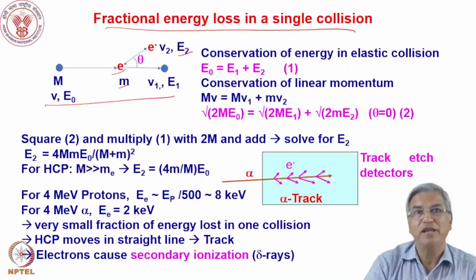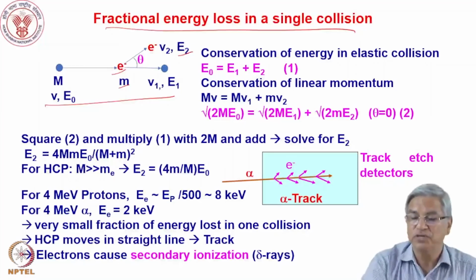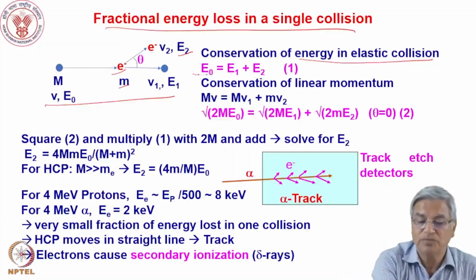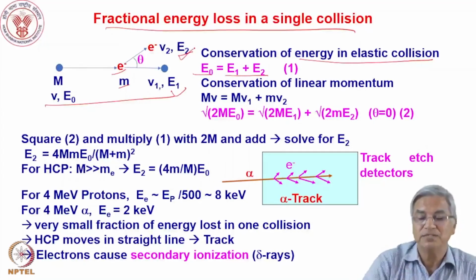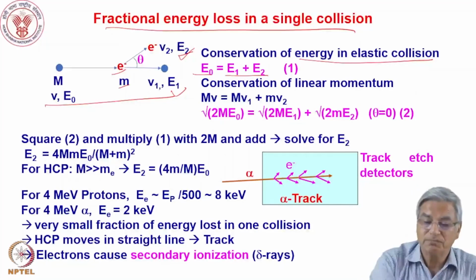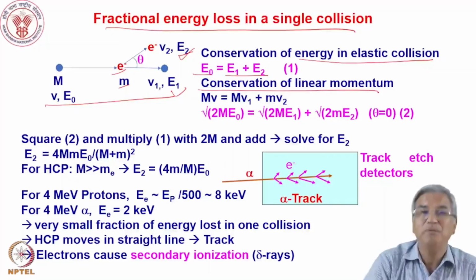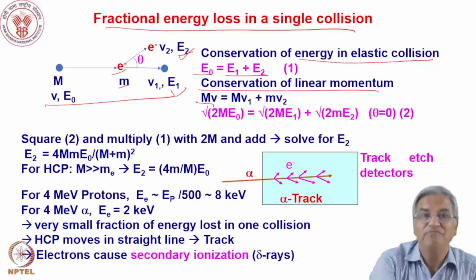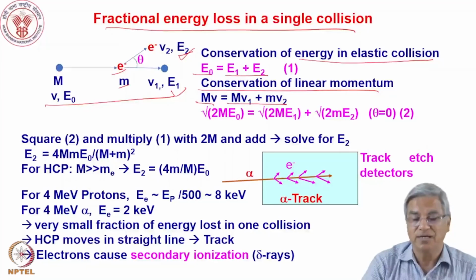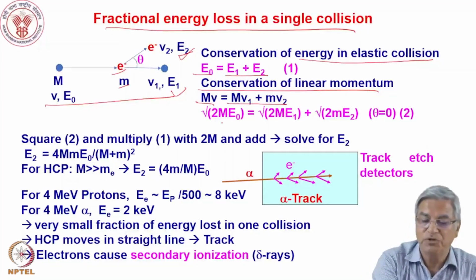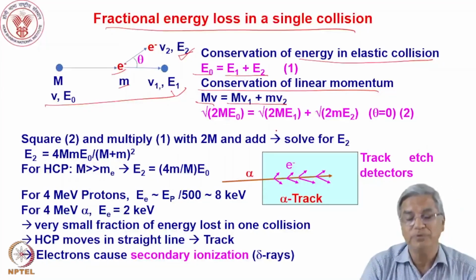We can set up the kinematics equation of conservation of energy in an elastic collision: the initial energy of the charged particle is the sum of the energies of the remaining particle and the electron that is emitted. You can set up the equation for conservation of linear momentum: the initial momentum Mv is the final momentum of the two particles, the residual particle alpha and the electron. You can convert this momentum into energy, root 2mE.